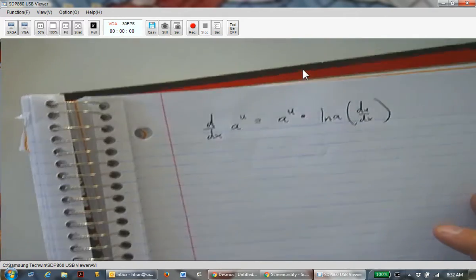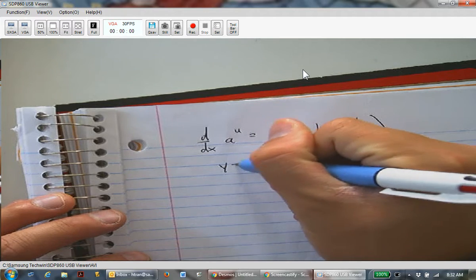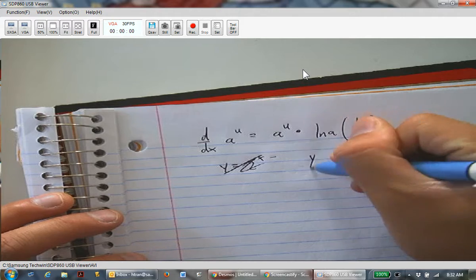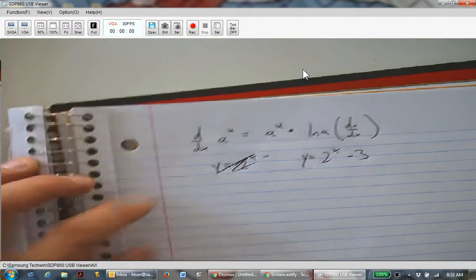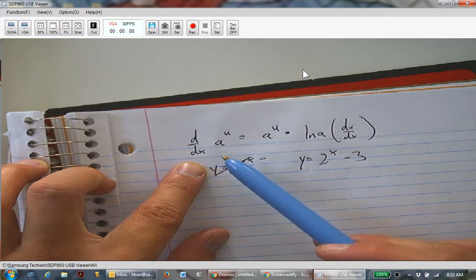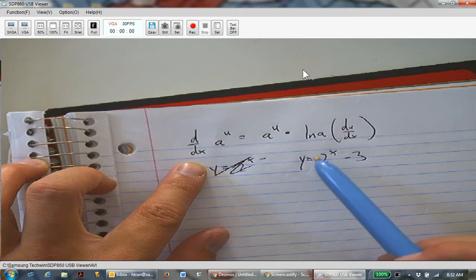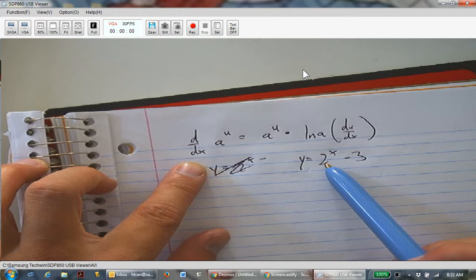Okay, so let's look over here, and here is my original function, 2x minus 3. I have the formula to find the derivative of anything that has a base that is greater than 0, is not 1, and is also not e.